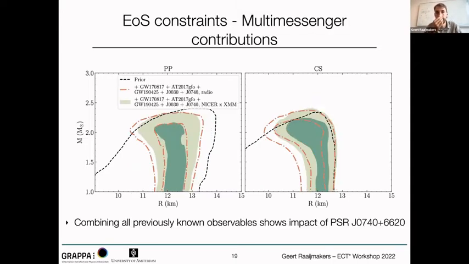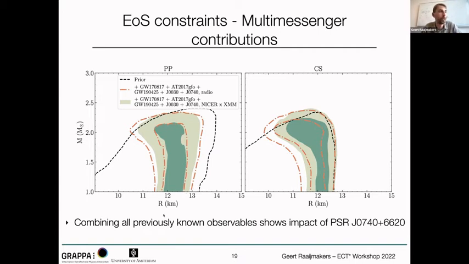And then finally, if we move to the whole, including all of the data, so this is our multi-messenger contributions. In orange, this is all the previous measurements that we had up until J0740, but including the mass measurement of J0740. And in green, I'm showing the posterior distribution when you do include the NICER radius measurement on J0740.